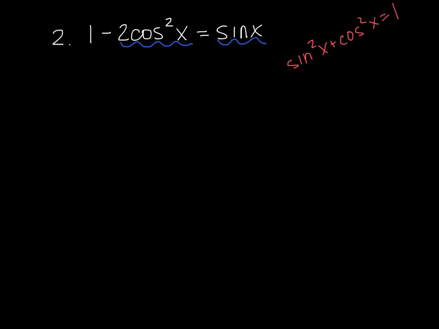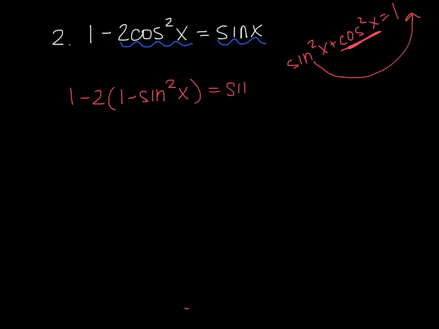And I need to think about how can I rewrite that? Well, I'm going to replace cosine squared x with what it is in terms of sine squared x. So it is 1 minus sine squared x. And now I have this equation all at least in the same trig function. So I'll distribute my negative 2.